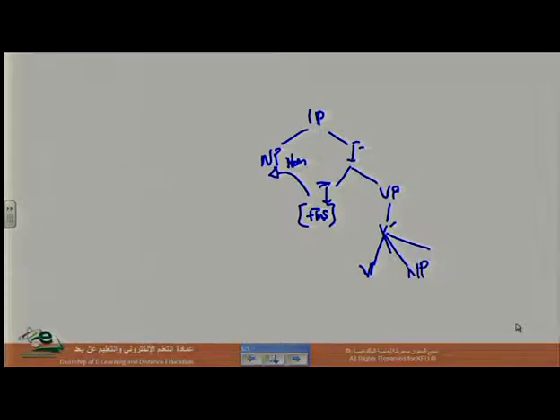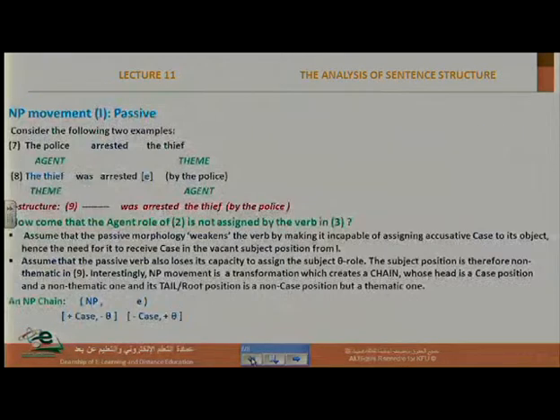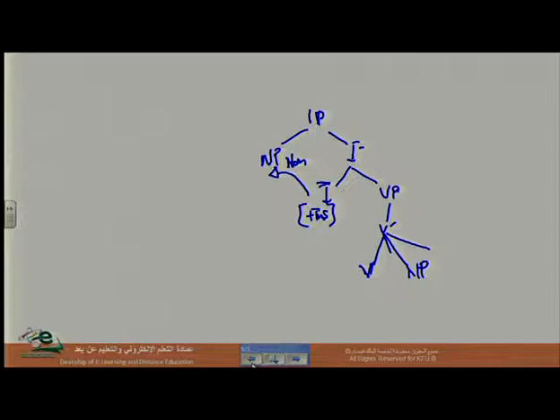Let me take the sentence that we have: the thief is here as an object of the verb. Which verb? Was arrested, which is passive, and then the subject is, in fact, as we said, blank, because the passive morphology means essentially that there is no subject.